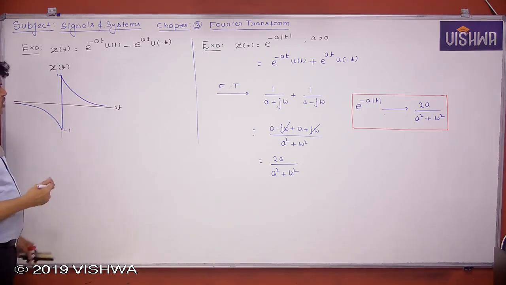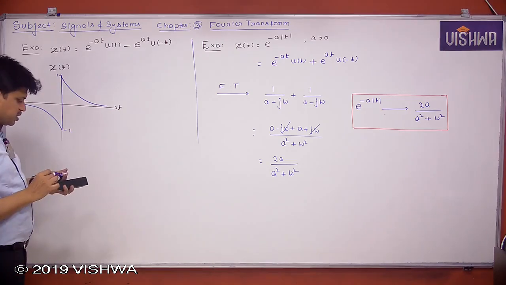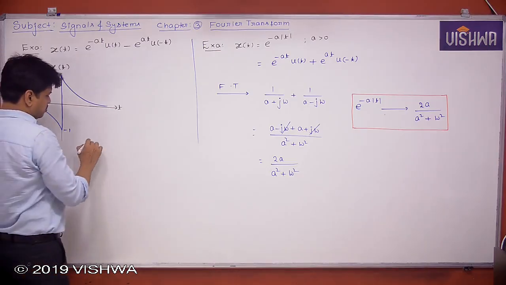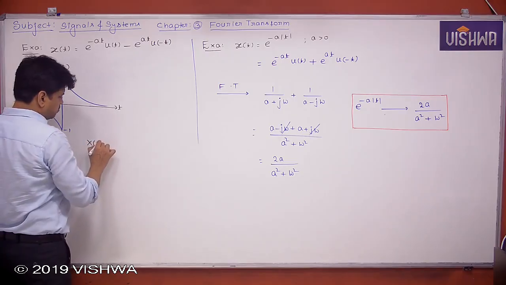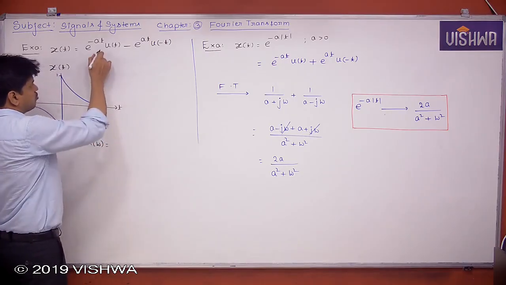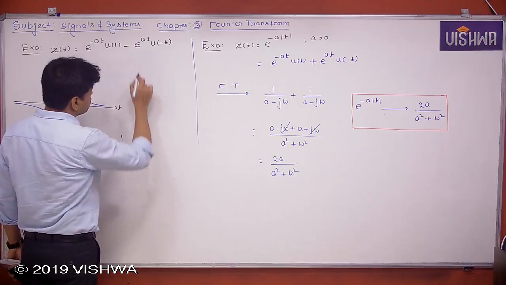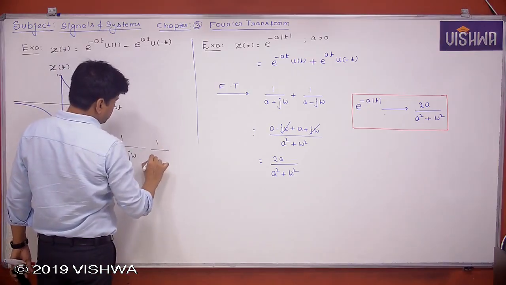For this function, I want to calculate what is x of omega. So x of omega is equal to, for this function, 1 by a plus j omega, minus, for this function, 1 by a minus j omega.